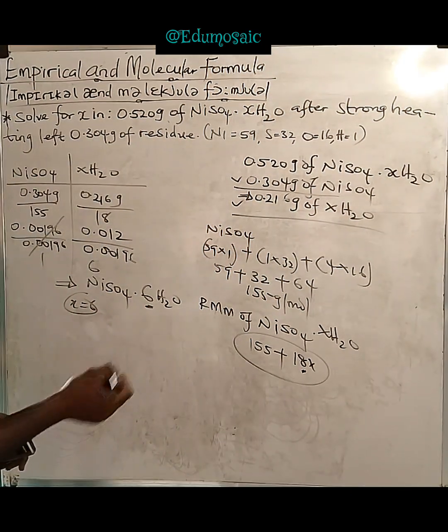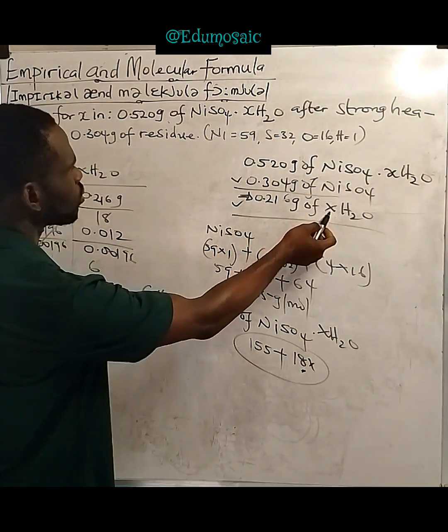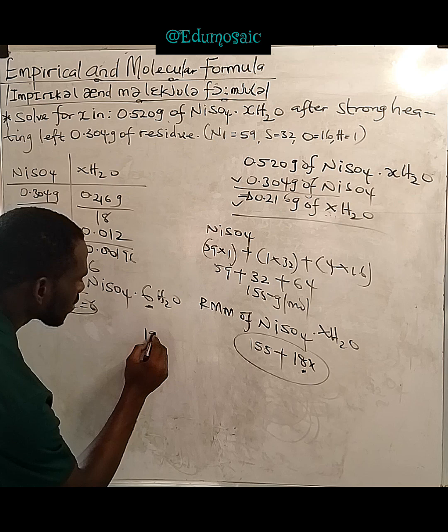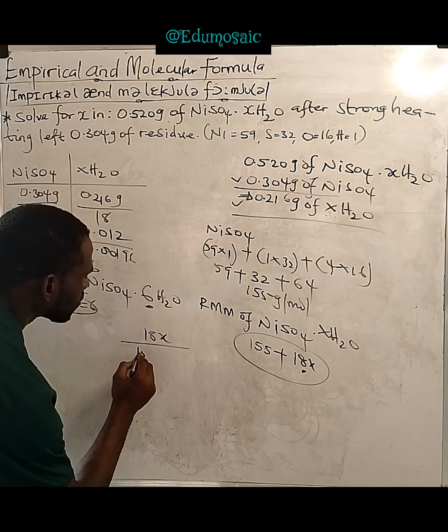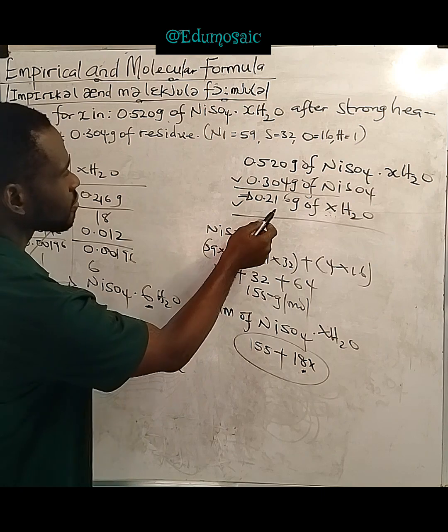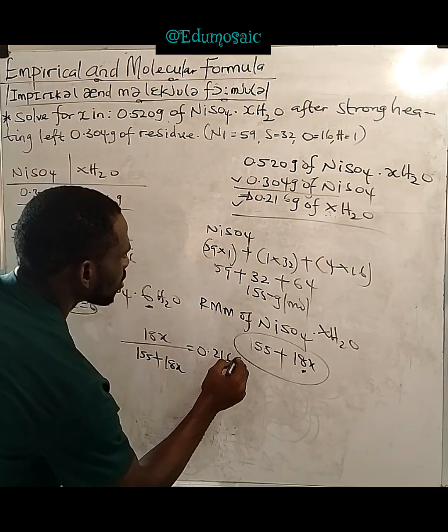So what do we do? Don't forget the mass composition. What we are looking for is the mass of the water over the mass of the whole compound. So it's going to be 18x over 155 plus 18x equals, what's the mass of xH2O? 0.216 gram.